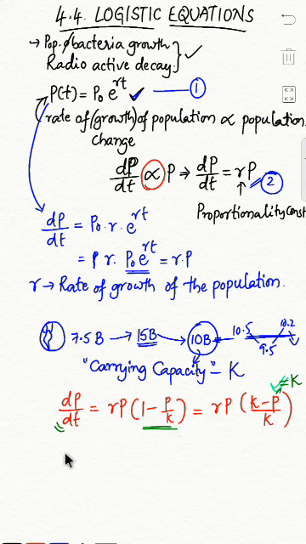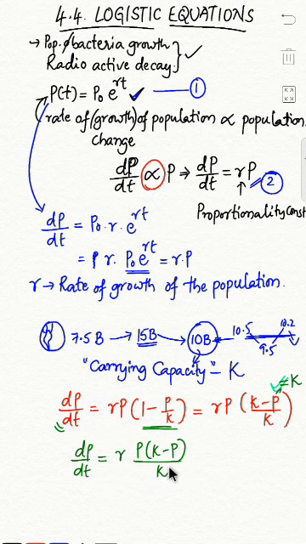So we have dP/dt = rP(K - P)/K, where K is a constant here, and r is also another constant, right?